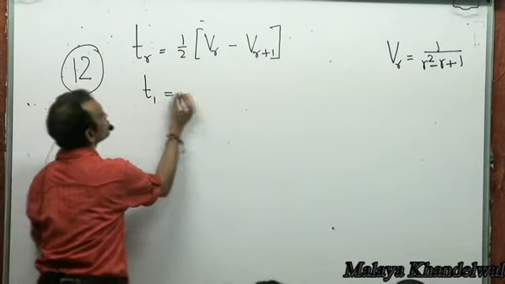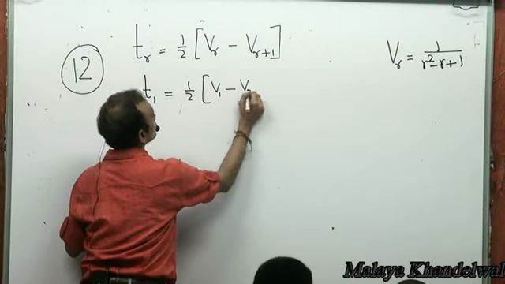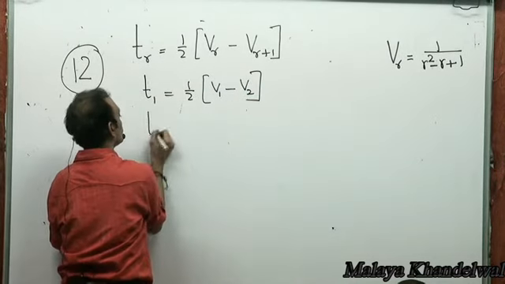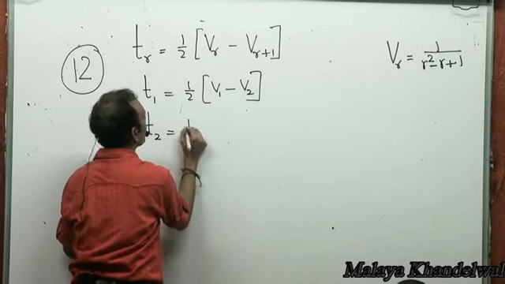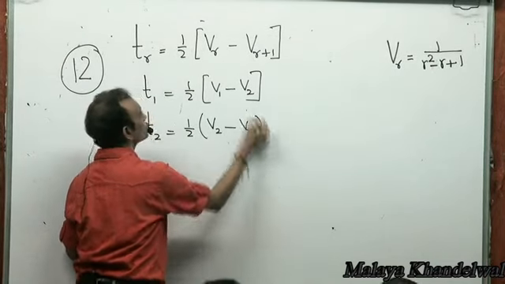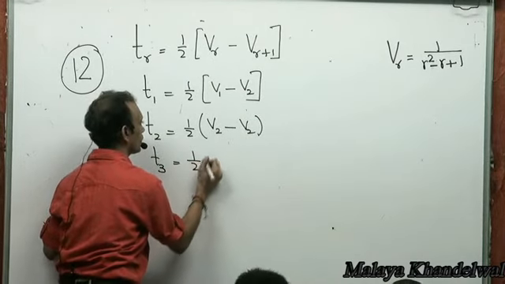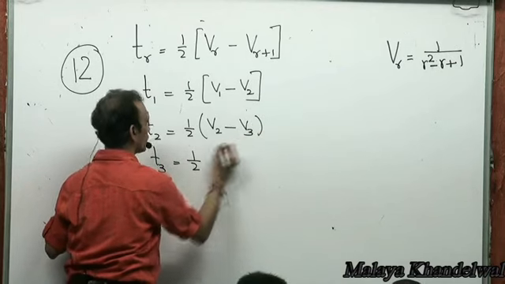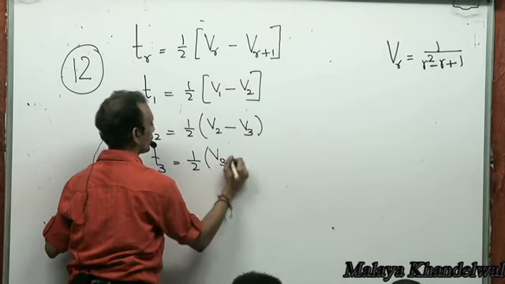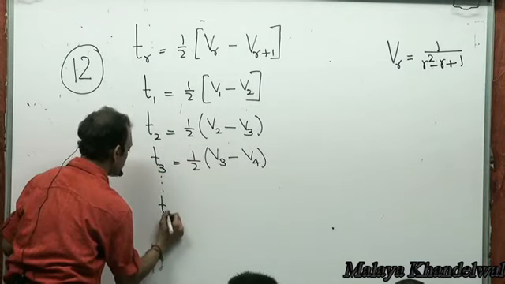T1 is going to be half of V1 minus V2. T2 is going to be half of V2 minus V3, r equal to 2, put r equal to 3. Going this way, r equal to n.